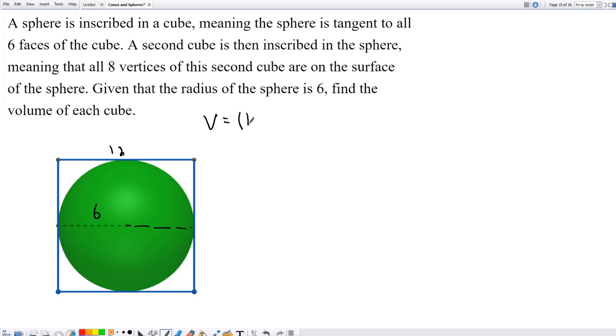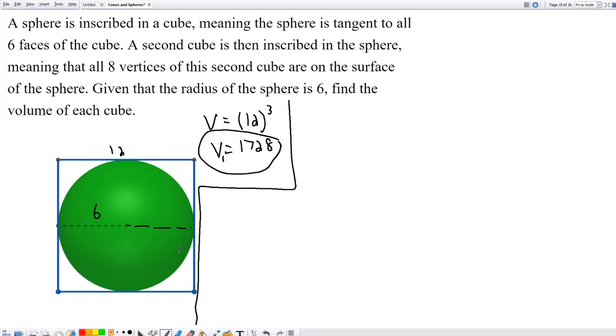So that would be 12 to the third power, which is 1,728. I'll call that volume 1 for the first cube.